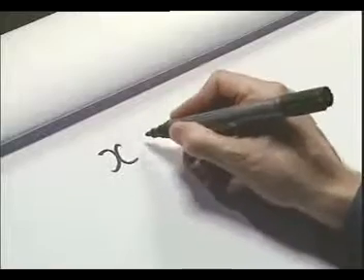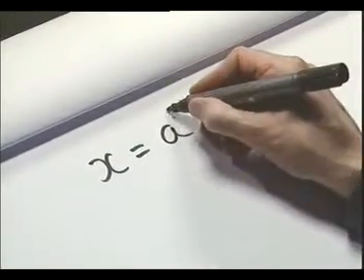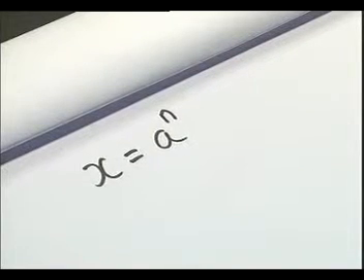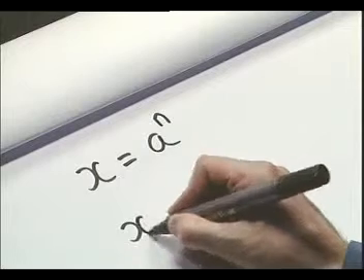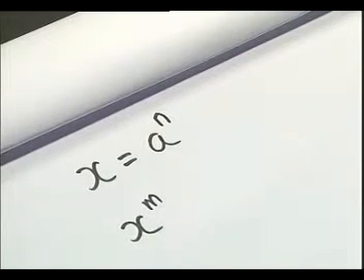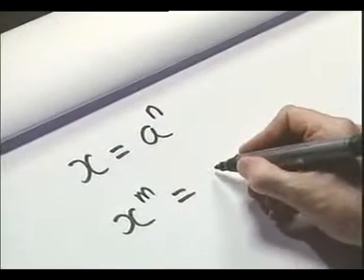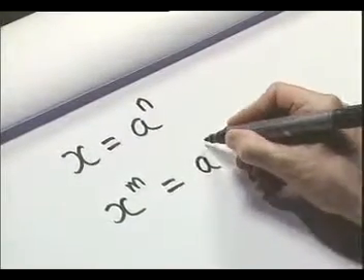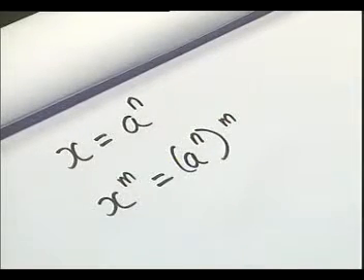Well, again, let's start with x can be written as a to the power n. Now, what if we take x and we raise it to the power m? That would be a to the n, all raised to the power m.